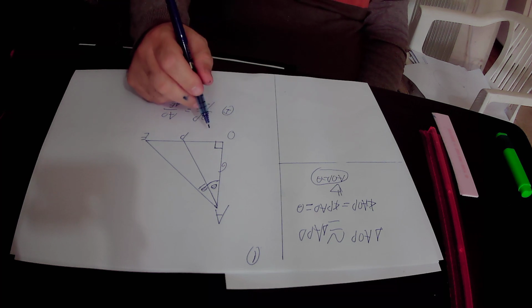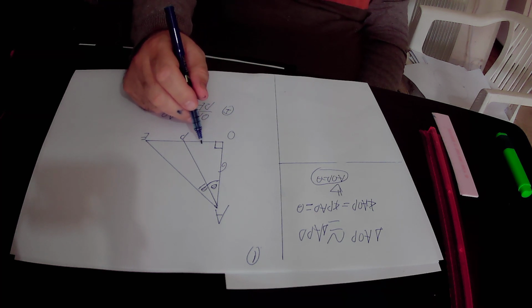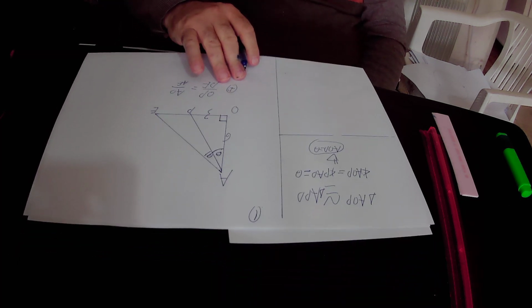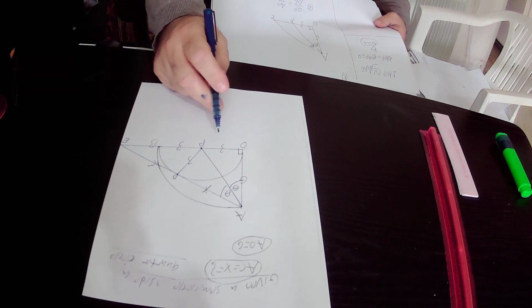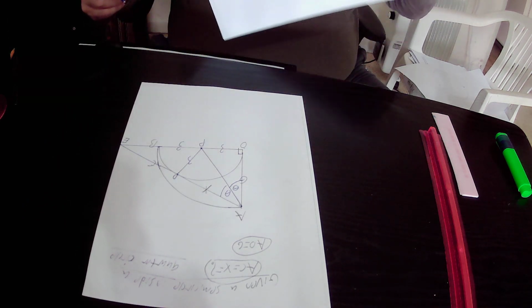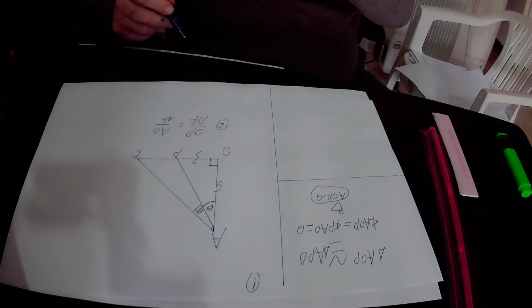We know that OP is the radius of the semicircle, that is to say it is equal to 3 units. You can see here that OP equals 3 units. It is the radius of the semicircle.